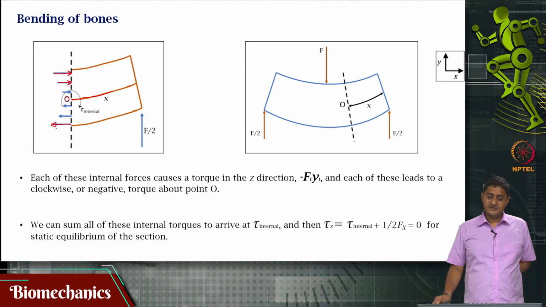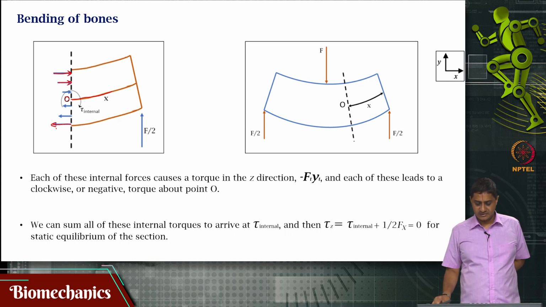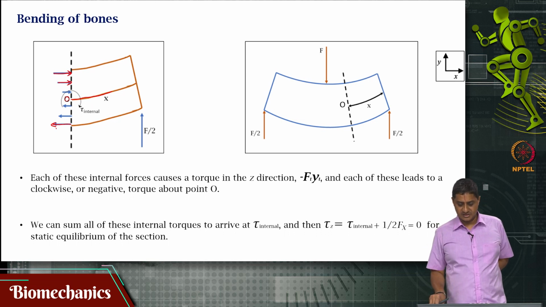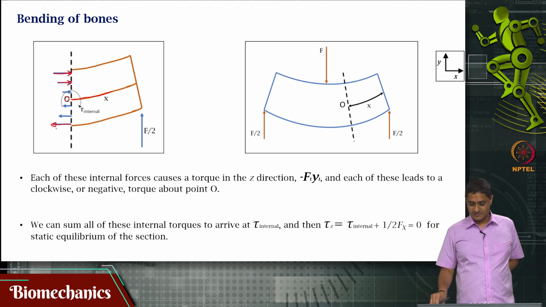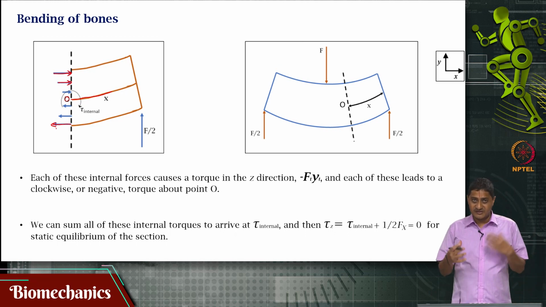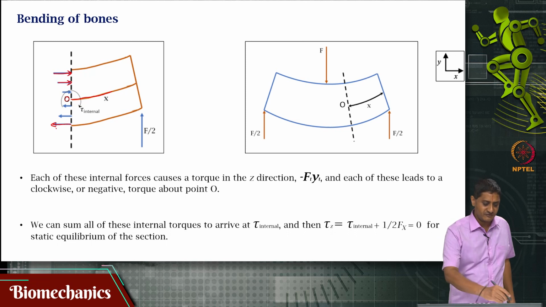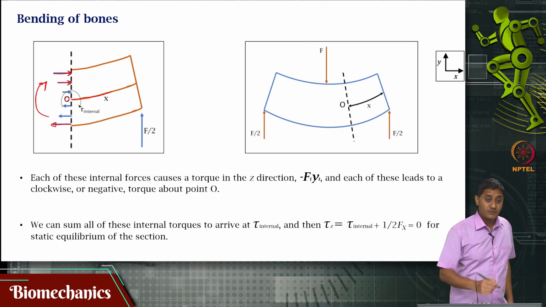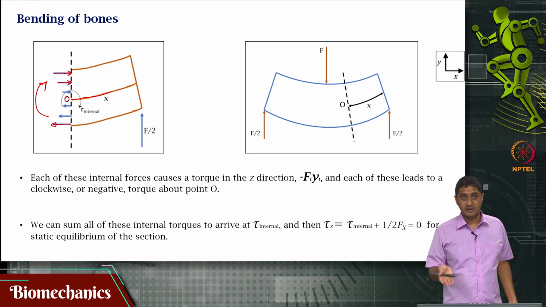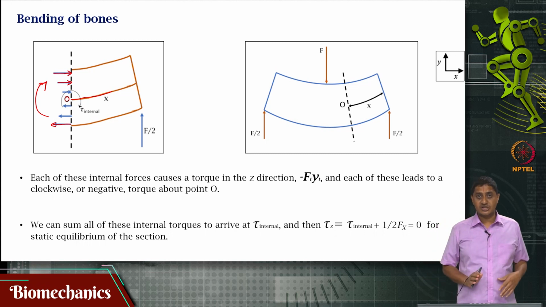Now, each of these forces will cause a torque in the z direction, because their corresponding moment arms will be the corresponding small y's. All of this put together, if I sum all of this, will cause a clockwise moment. Note, the bottom will also cause a clockwise moment, and the top will also cause a clockwise moment, although the forces are in two different directions.